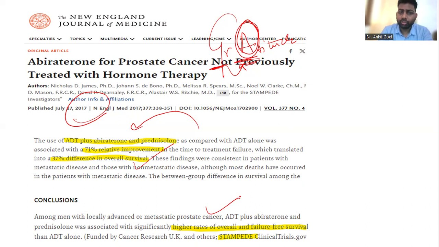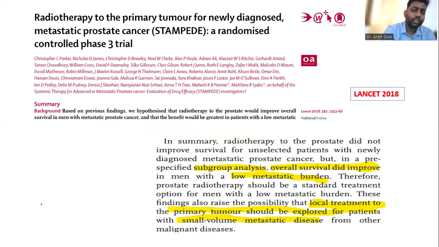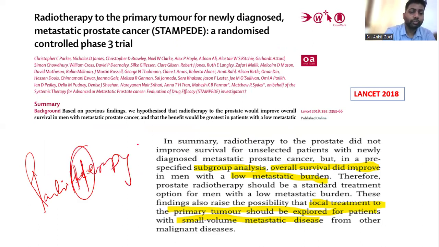Now let us talk about this arm H. Okay, we need to understand about the radiotherapy, which was in arm H. So radiotherapy as a whole, if you consider radiotherapy, was not beneficial.